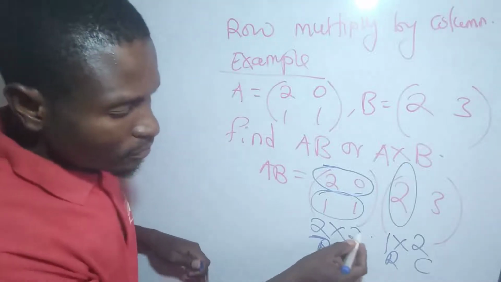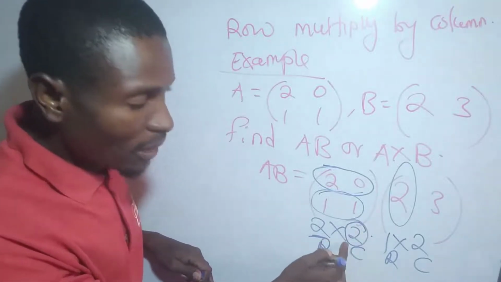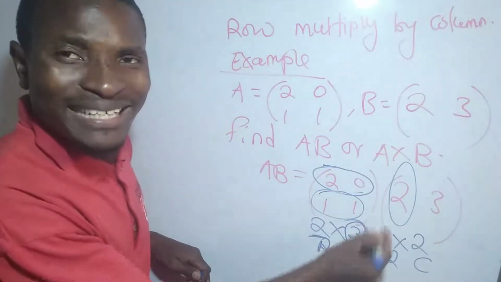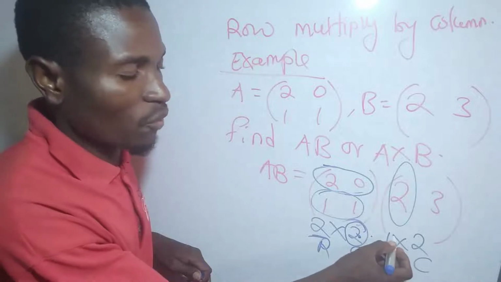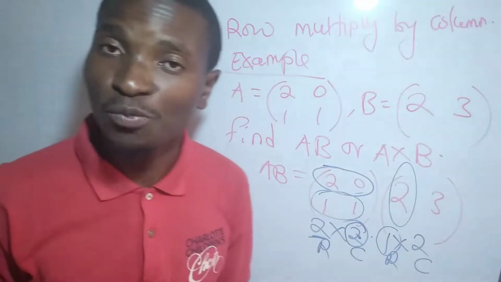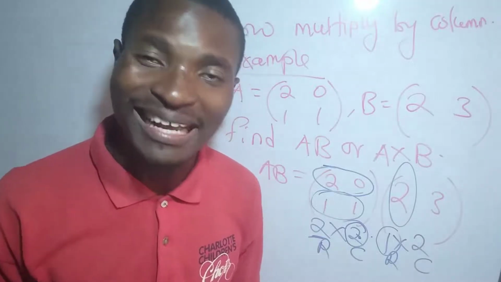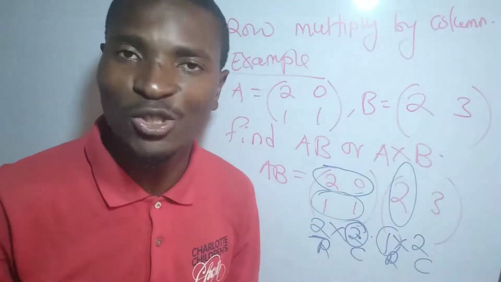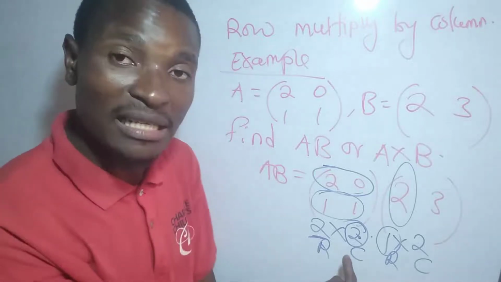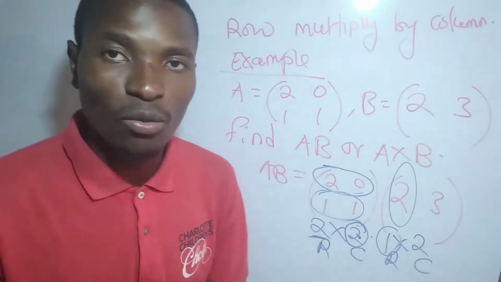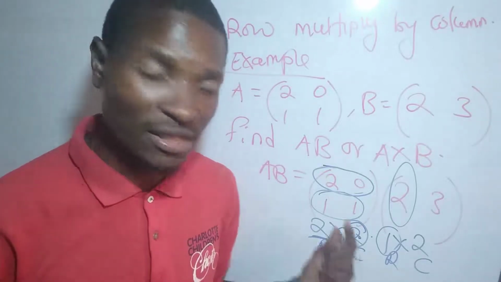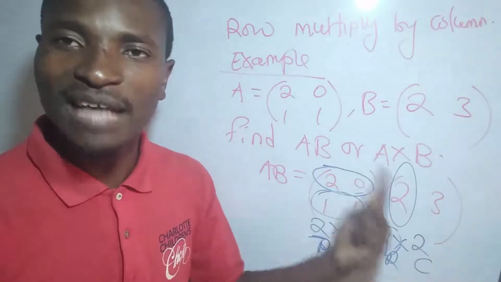The number of columns in the first matrix should be equal to the number of rows in the second matrix, and that's how you can proceed to multiply the two matrices. Otherwise, if they are different, there is no way for you to multiply them, and the multiplication between A and B is undefined.